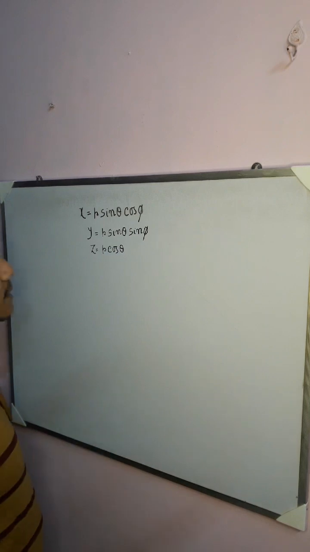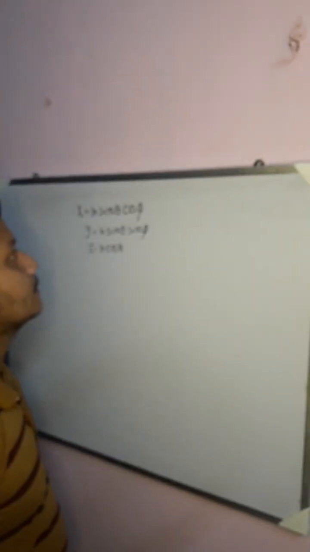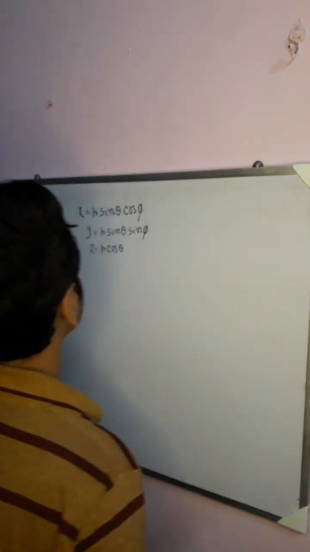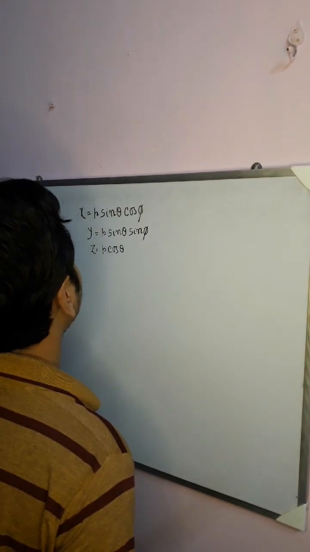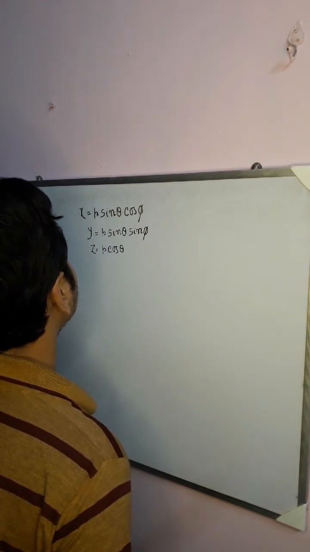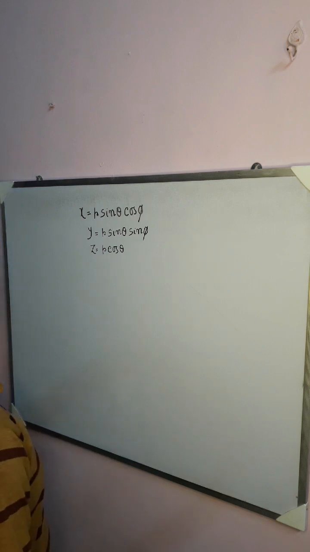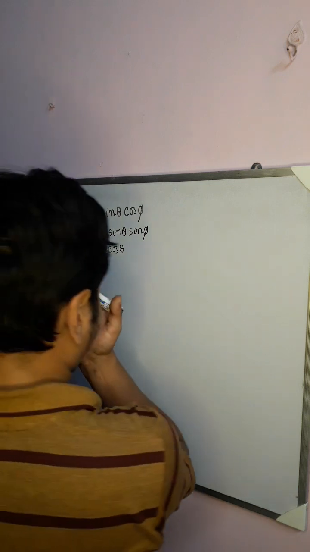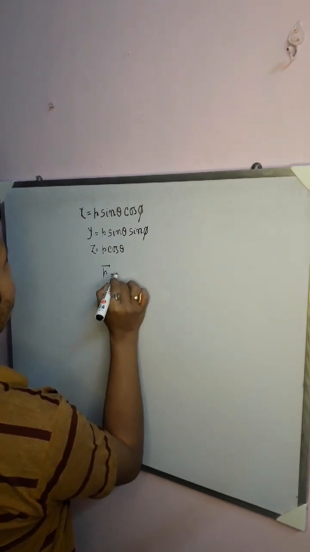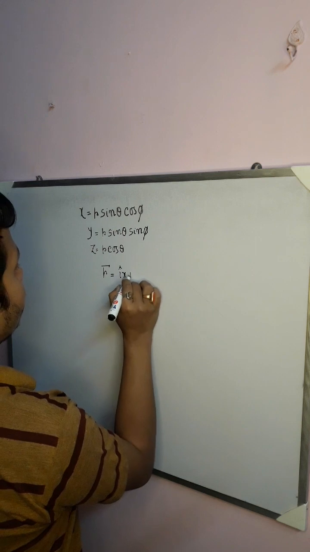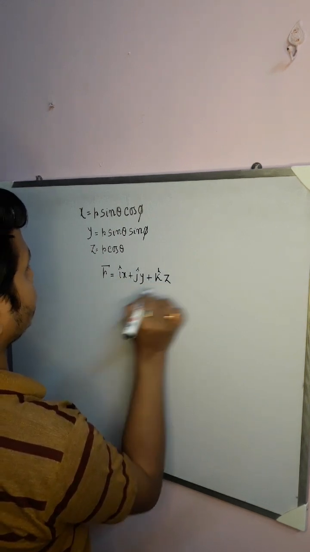Okay, these are the relations between spherical polar coordinates and Cartesian coordinates: x equals r sin theta cos phi, y equals r sin theta sin phi, and z equals r cos theta. Now, what will be the position vector? That is simply i cap x plus j cap y plus k cap z.